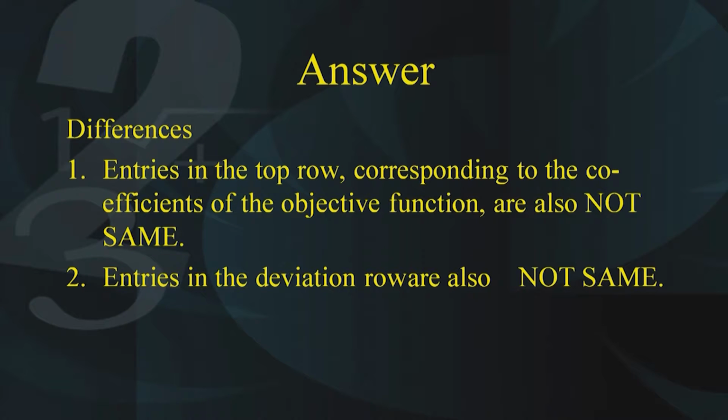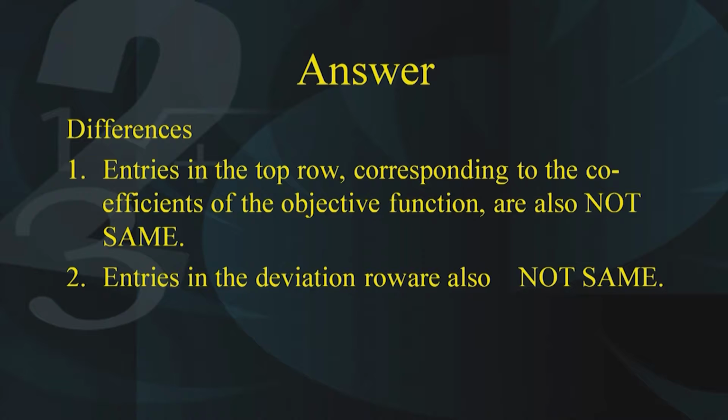Next, let us look at the differences between the two methods. First of all, you will observe that the entries in the top row, that is those entries corresponding to the coefficients of the objective function, are not the same. Why is that so?